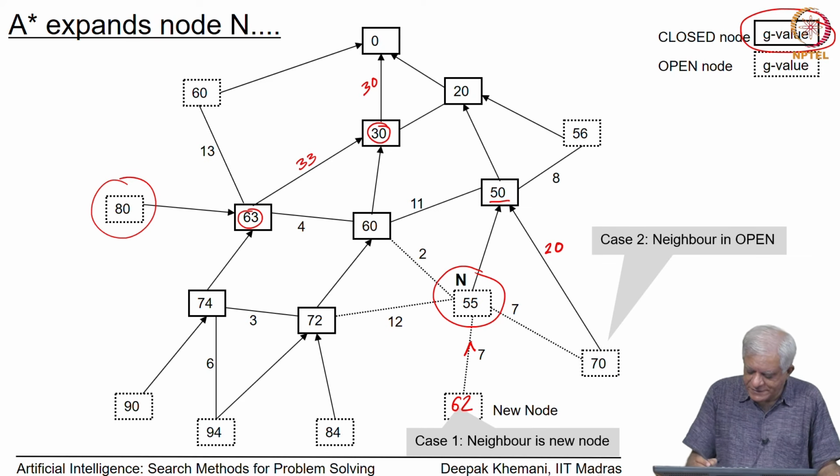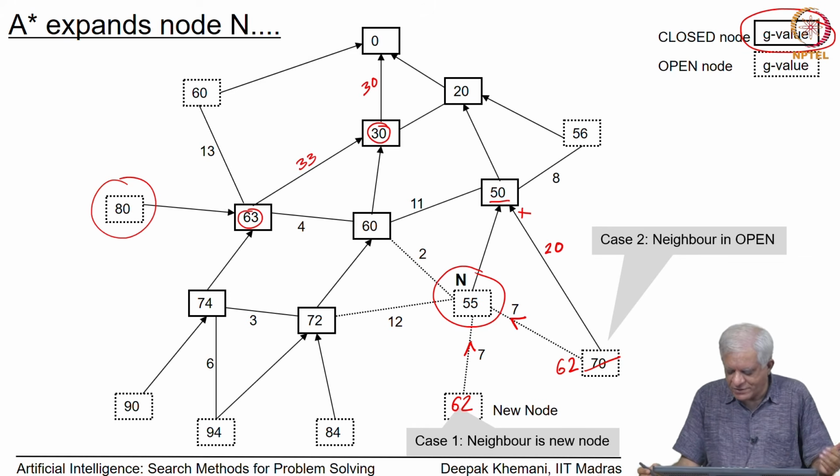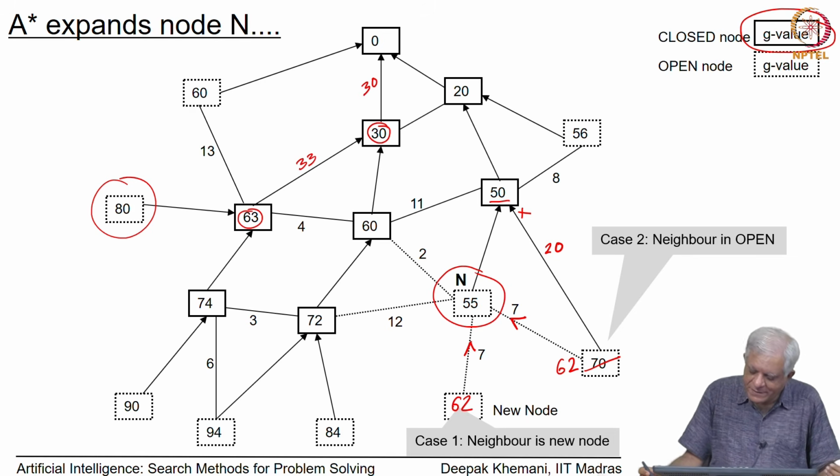So, we can see that this new cost of this node we should revise. Instead of 70, this should become 62, and we should remove this parent pointer from here and instead put a parent pointer here to say that the best cost of reaching that particular node is 62, and the path comes through the node N, which is the node that we just expanded. Now, because this is on open, we do not have to do anything else, and that is what the algorithm said, that you just continue.